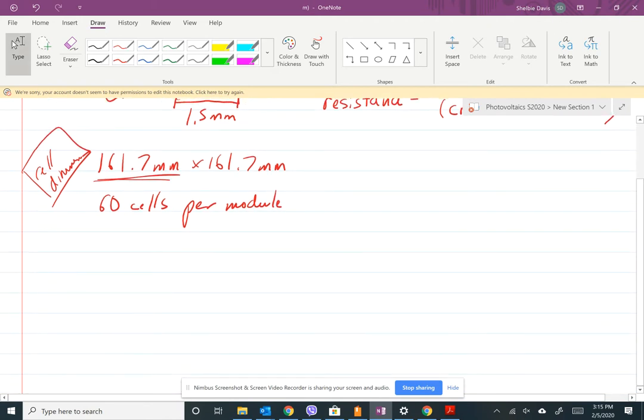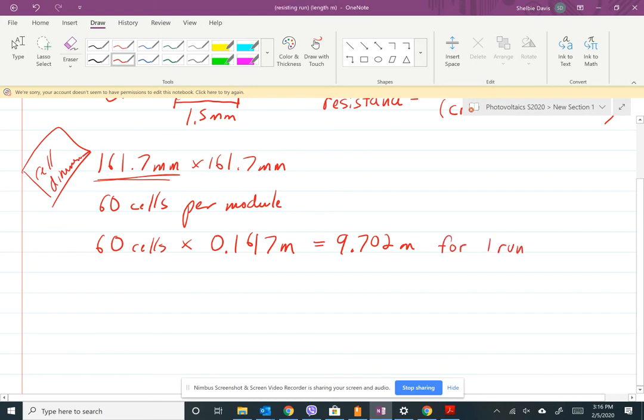All right, so our tabbing will cover those 60 cells. So that means 60 cells times 0.1617, sorry, 7 meters, because I changed it for millimeters, is equal to about 9.702 meters for one run length.